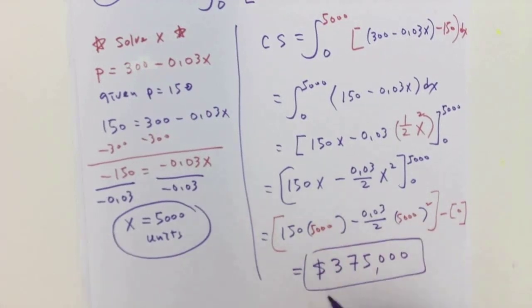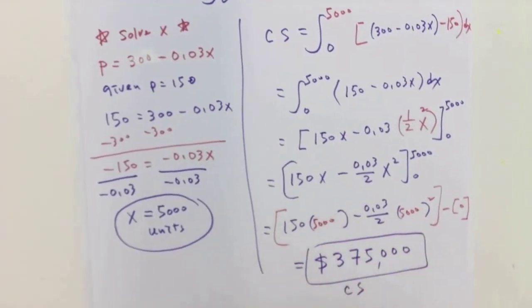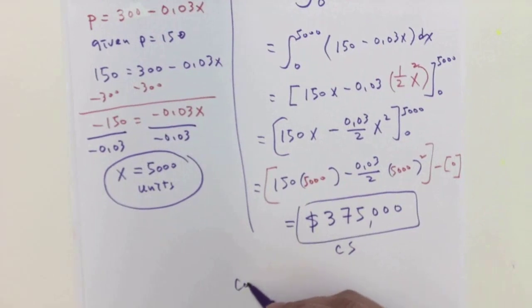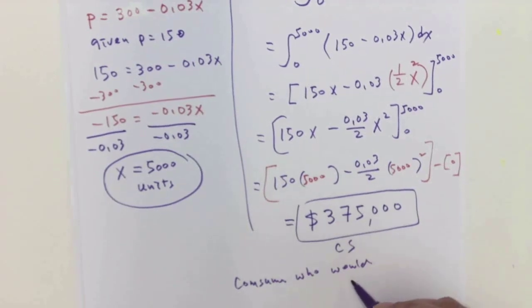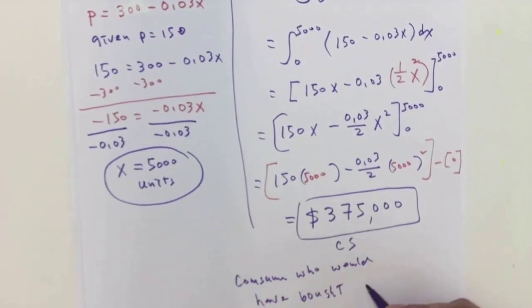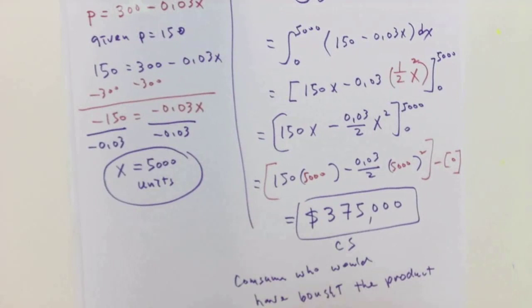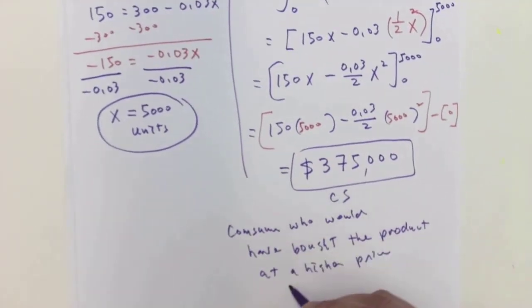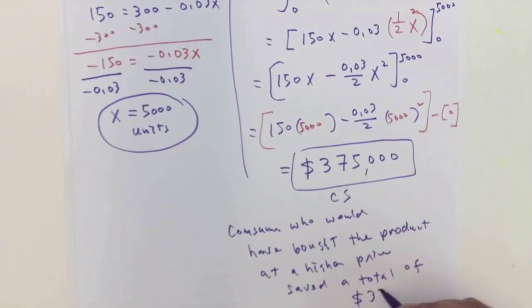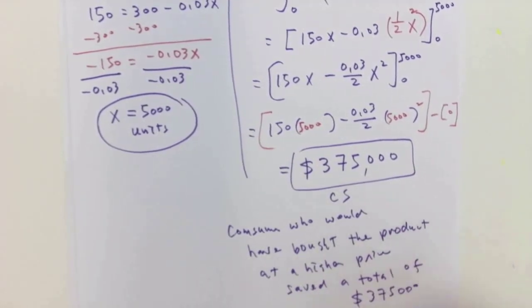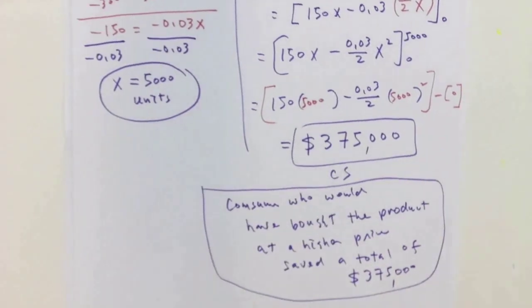This is the consumer surplus, which means the consumers who would have bought the products at a higher price saved a total of $375,000. Okay, so that's what it means.